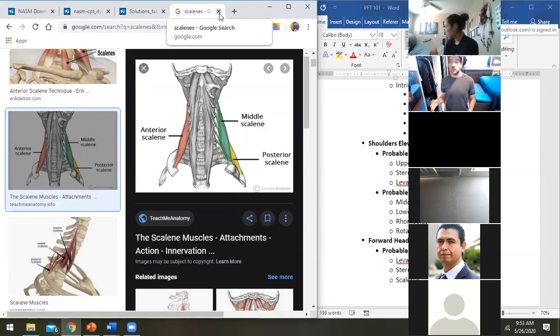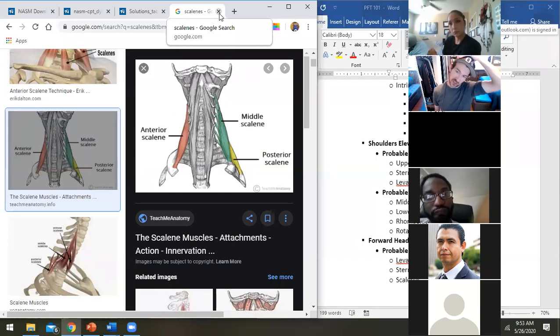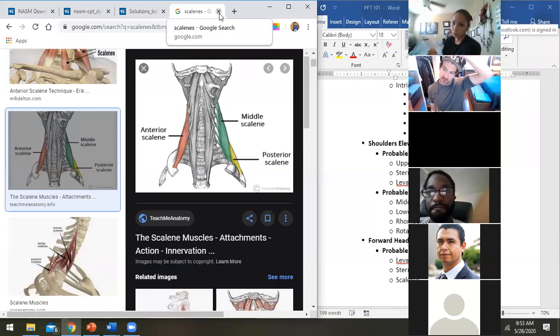So when you're doing your upper trap stretch, you can go directly to the side. If you want to get a bit of a scalene stretch, you're going to need to slightly look upwards. And then for the anterior scalenes and your middle scalenes, you're getting them at the same time you're getting your upper traps. But remember, this is also attaching to that collarbone.